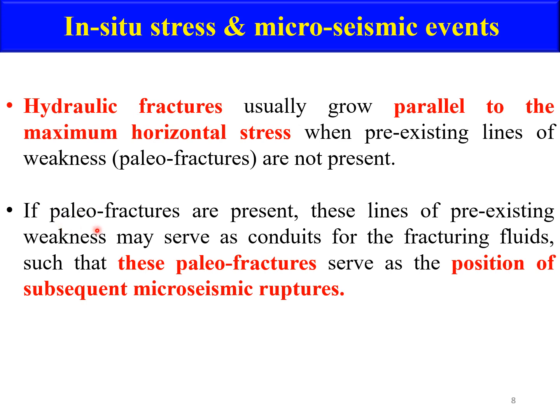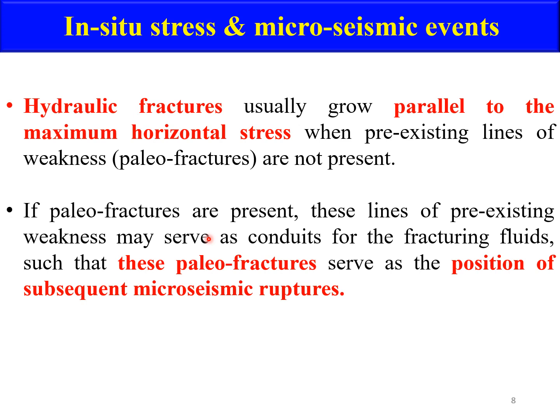However, if paleo fractures are present, this line of pre-existing weakness may serve as a conduit for the fracture fluids, such that the paleo fracture serves as a position of subsequent microseismic ruptures.